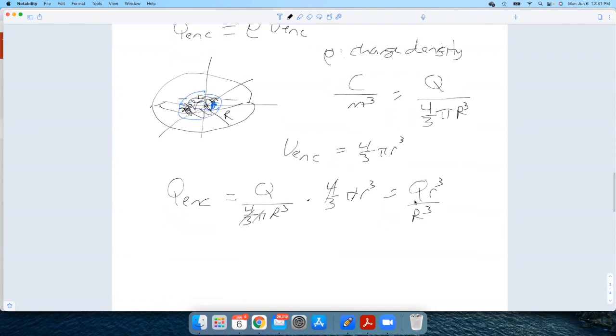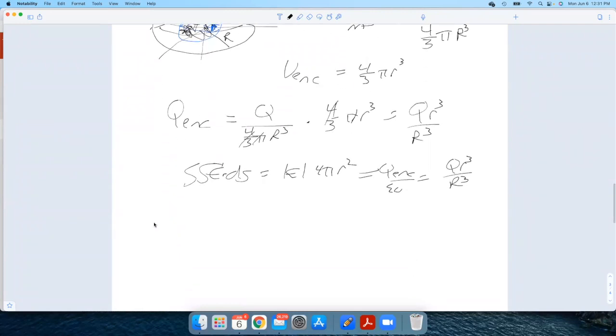Okay, so now I can put these two sides together. The double integral of E dot ds, which we worked out up top, must equal charge enclosed over epsilon naught, which we just worked out is this. So we get magnitude of E equals Q little r cubed over 4 pi r squared. Again, an epsilon naught, an r cubed, and some of those r's cancel out.